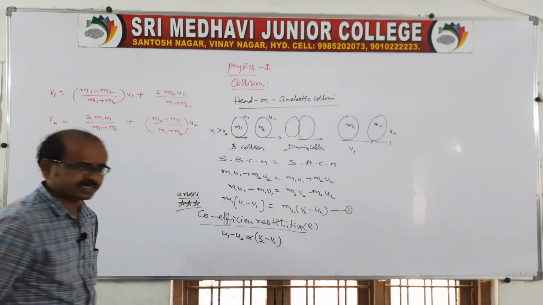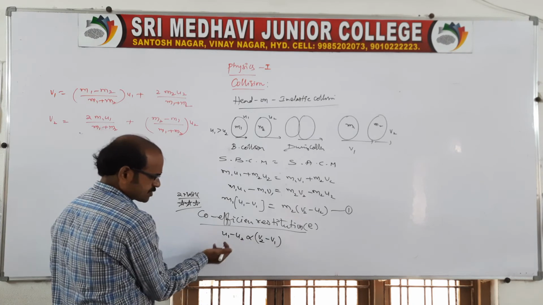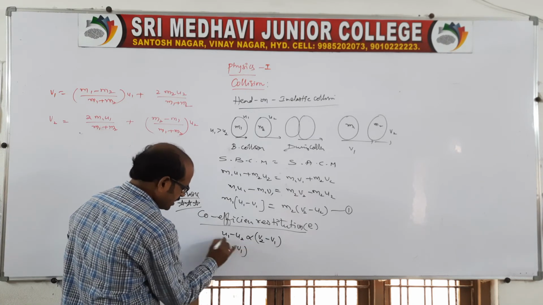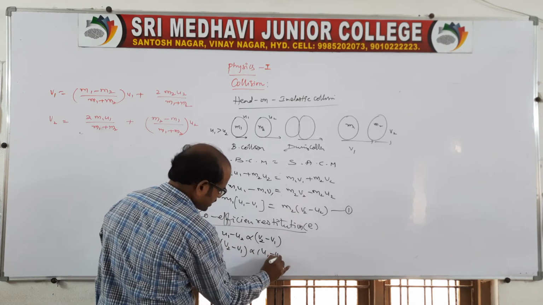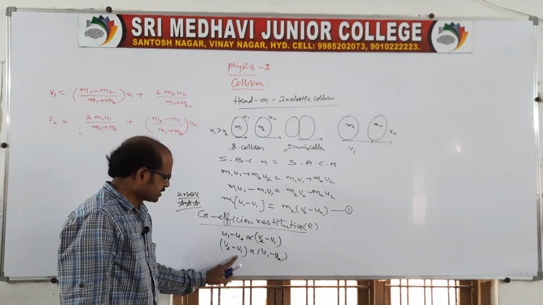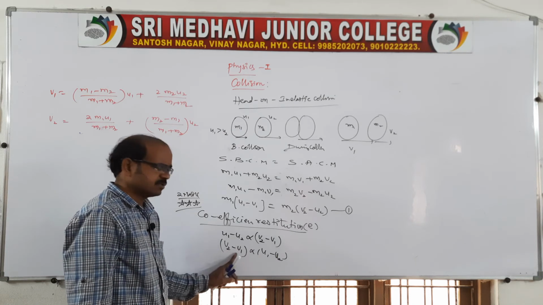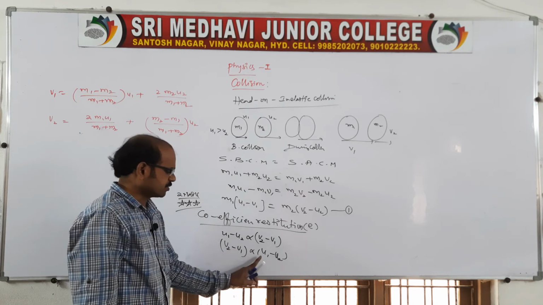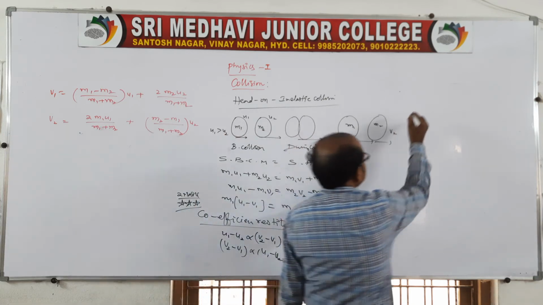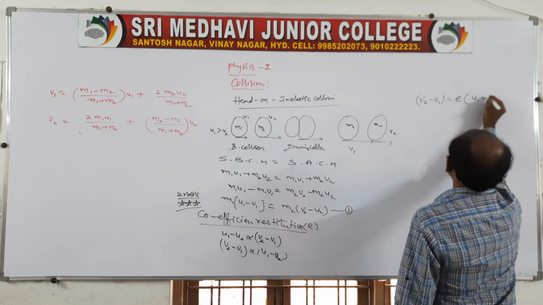Or else, if you want to write, some constant is to be introduced: v2 minus v1 is directly proportional to u1 minus u2. Nothing but v2 minus v1, the relative velocity after the collision, separation, is equal to some constant, as I told you, that is equal to E into u1 minus u2.